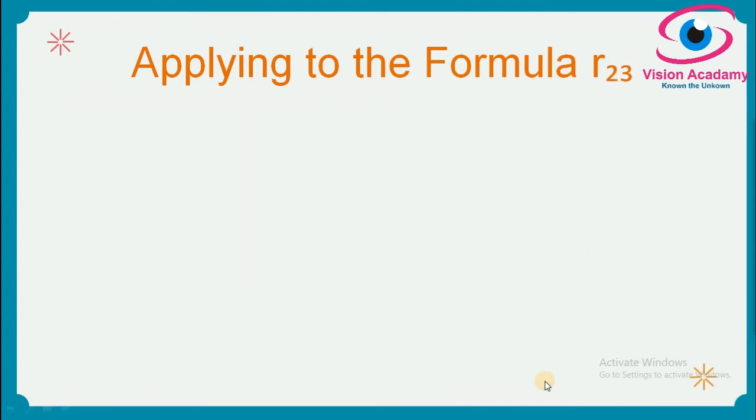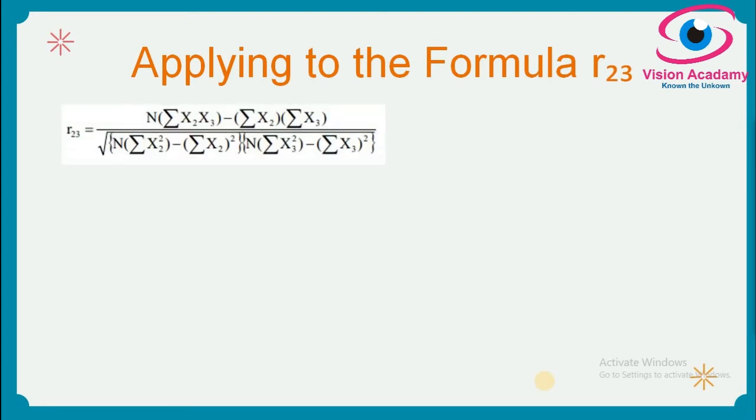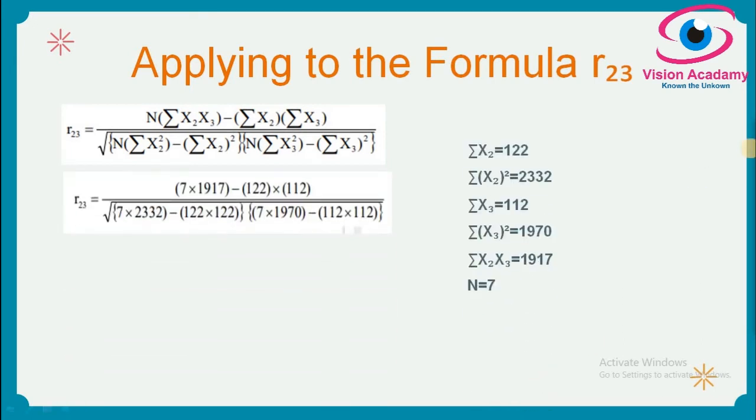For the next step, that is the next zero order correlation coefficient, R23. This is the formula for that. I have explained this in this video only. These are the required information for that, and I will replace all the values in the formula. Here n is the same, number of observations 7, and summation x2 x3 is 1917.